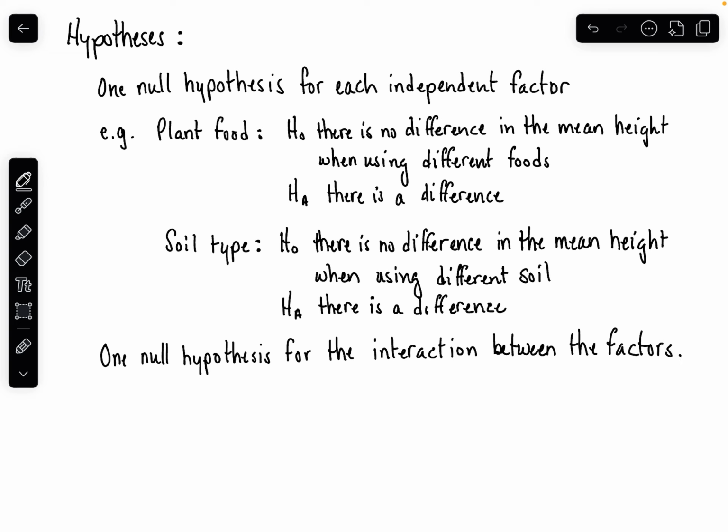That is to say, we look at whether just plant food is having any effect. We look at whether just soil type is having any effect. And then we need to look at it and say, is there an interaction between them?